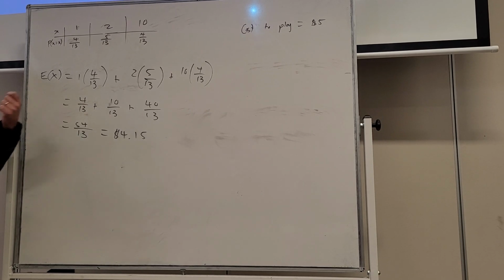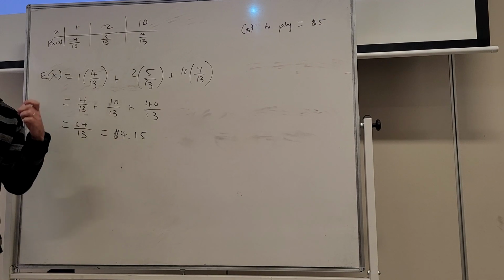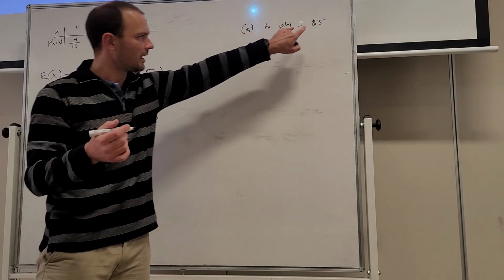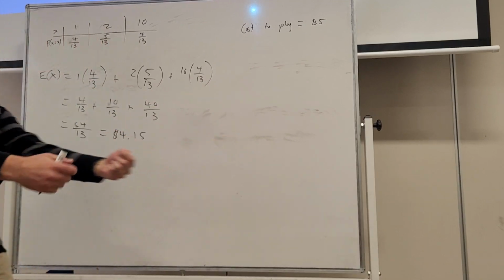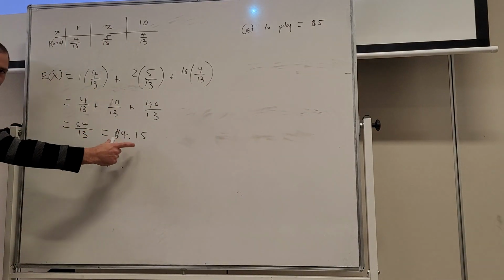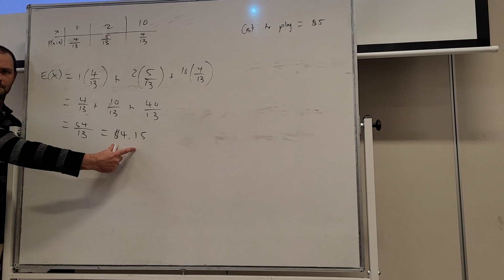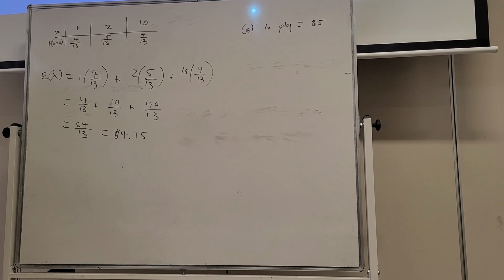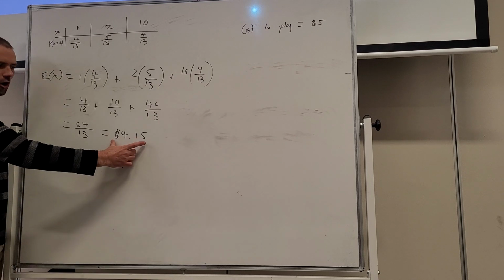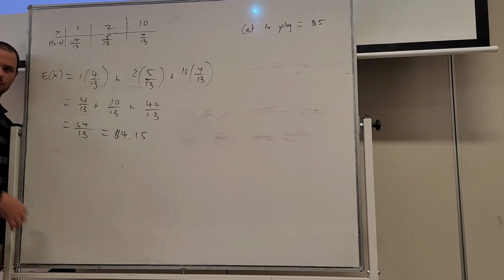How much are you winning or losing each time you play the game? $5 to play it, so you're losing $5 there, but then you get back, on average, $4.15. What's the average gain or loss? Loss of 85 cents. Very good. We can see you're only getting back $4.15, which means you're losing 85 cents on average.